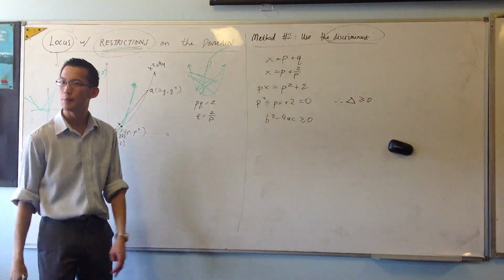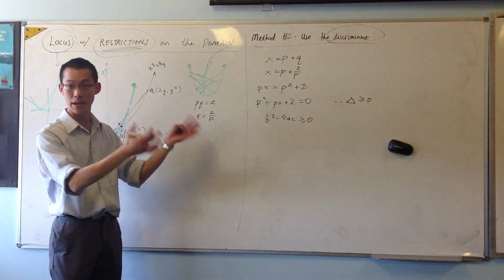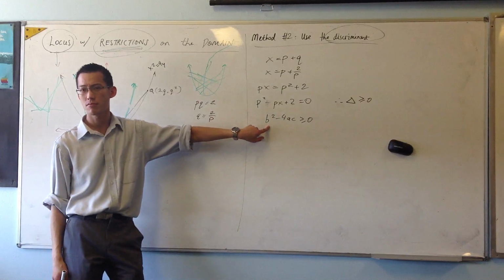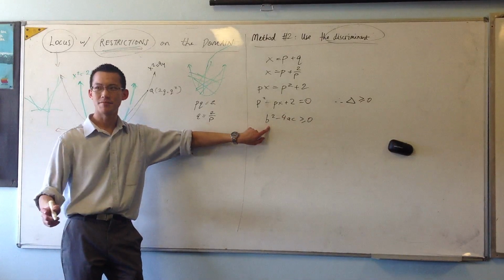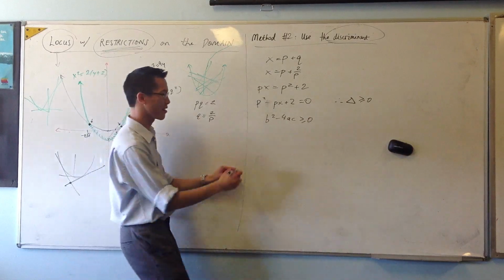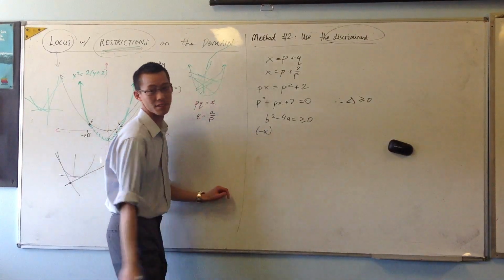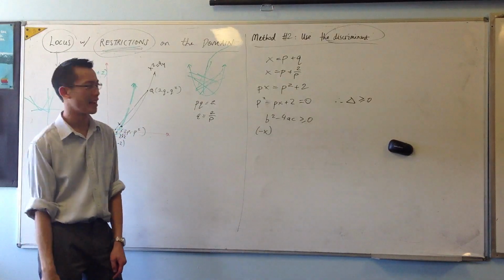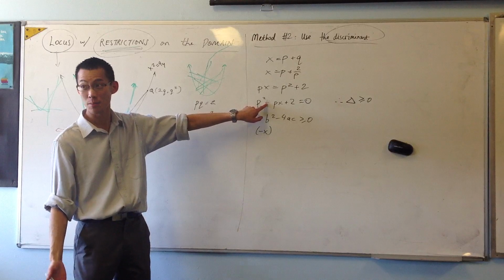Now, the discriminant is b squared minus 4ac. But be careful, because this is a quadratic in p, not in x. What's b? b is minus x. Okay, be careful. Now, I know in this case I'm squaring, it doesn't matter, but that coefficient is there, it's important, okay?